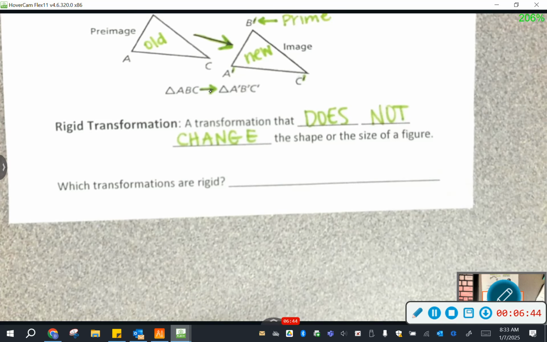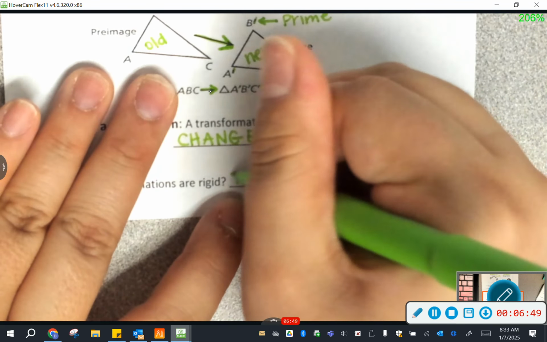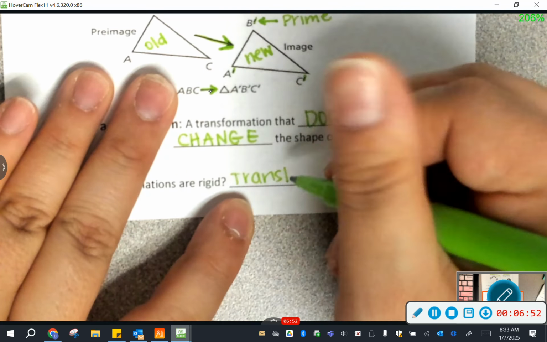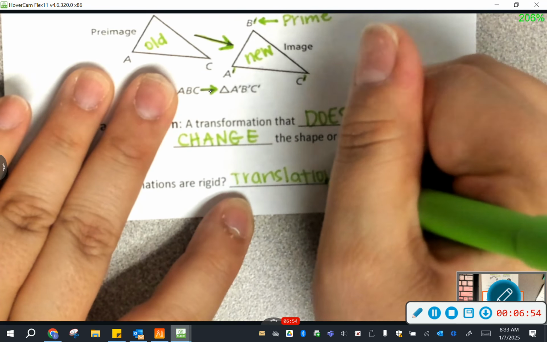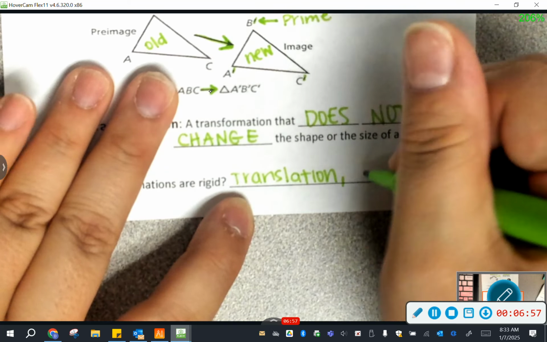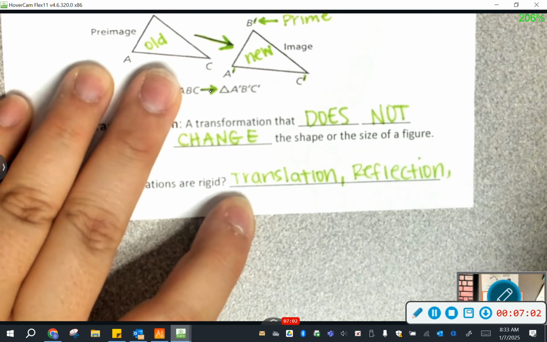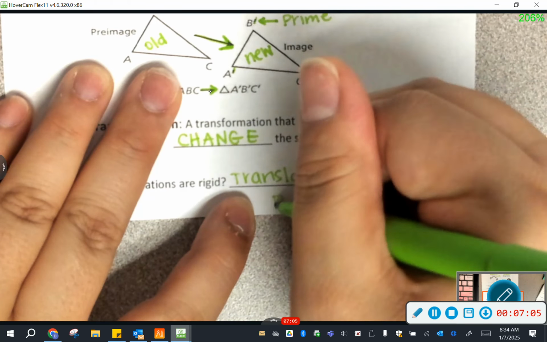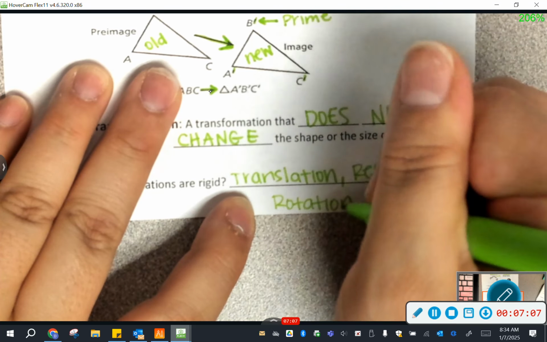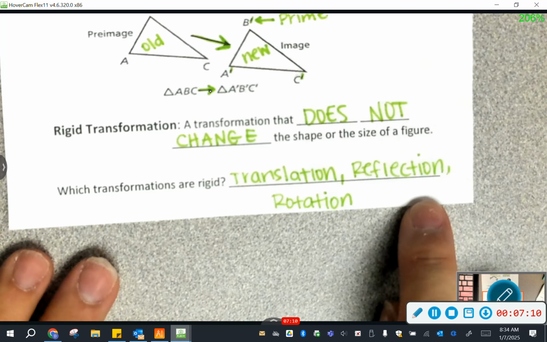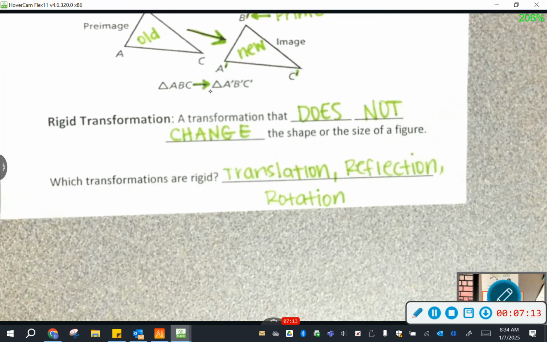Which ones do not change the shape or the size? Translation. Those A's are the same shape, same size. What else? Reflection. Those dogs are the same shape, same size. Rotation. I think this is a test question. What about dilation? No, why not? Because it gets bigger, it changes the size. So that one's not a rigid transformation.